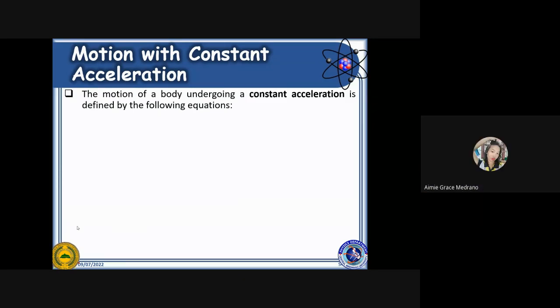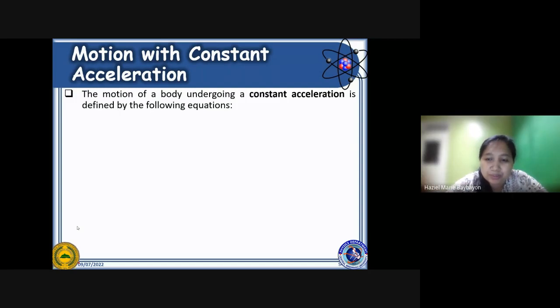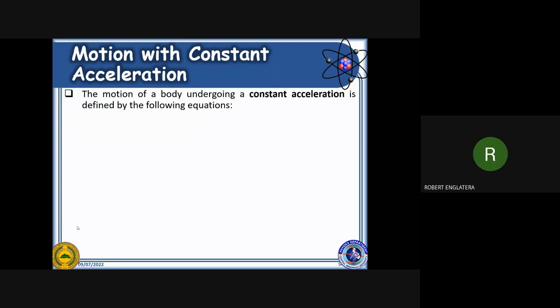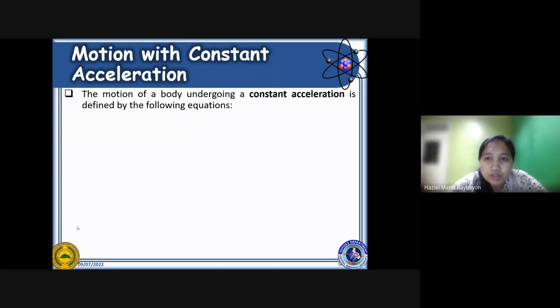Now, unsa man meaning sa constant acceleration? Constant ang acceleration. Okay. So, when we say constant ang acceleration class, that means the velocity changes at a constant rate per unit time. We will have one specific example later of motion with constant acceleration, which is free fall.